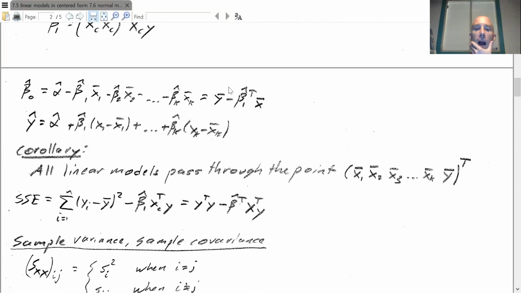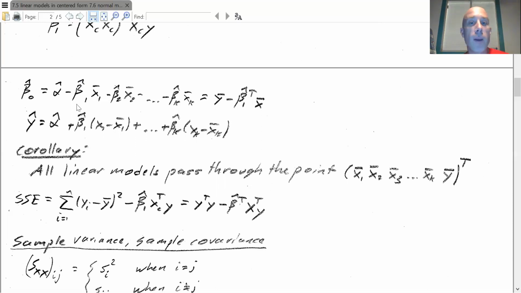I realize that all I have to do is some distributing, move things out, do a little bit of college algebra, and if I have alpha hat, I can figure out what beta 0 hat is, and vice versa, as long as I know the rest of these terms of the sample averages and the estimated slopes.